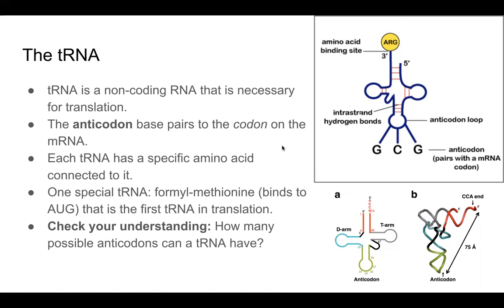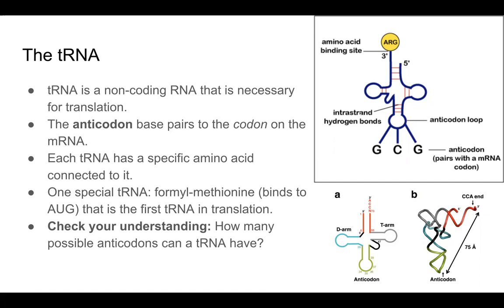It's called formyl methionine, which is special specifically in prokaryotes. It binds to the AUG, the start methionine. You know how methionine is usually at the start site. That formyl methionine tRNA, the initiator methionine tRNA, is the tRNA that binds to that initial AUG in the mRNA strand.